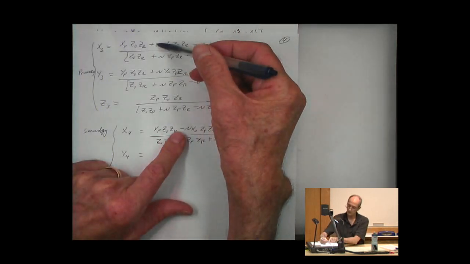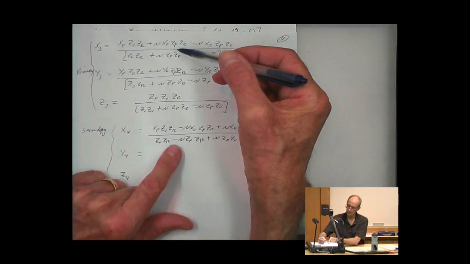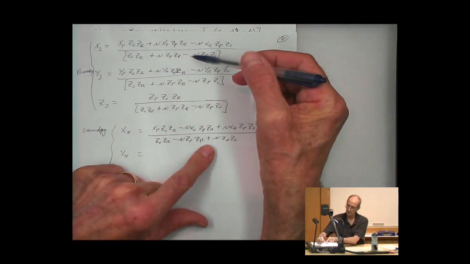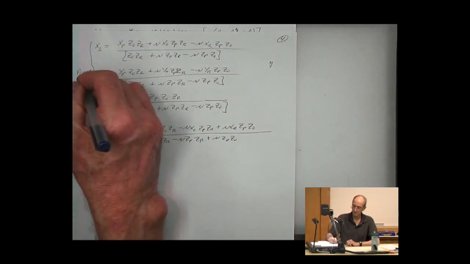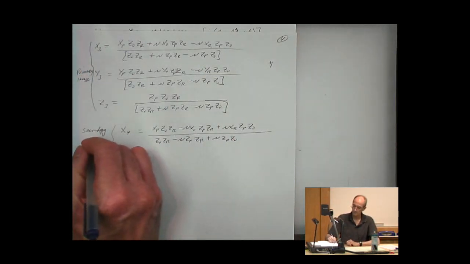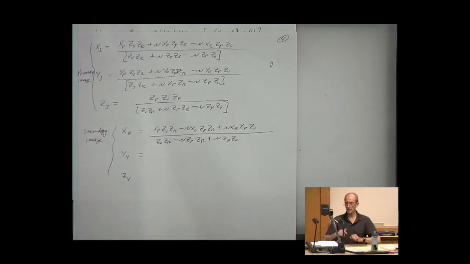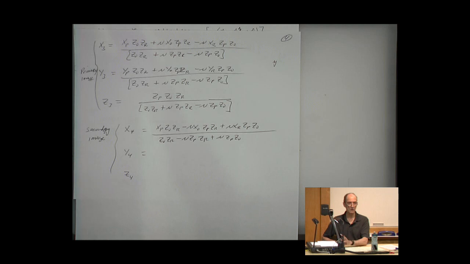As you can see, we have a reversal of the signs between the primary and secondary image. Now, it doesn't really mean that this one is a virtual image and this one is a real image. That's all going to be a function of what that reconstruction beam is, what the P source is, and where the coordinates are for that.